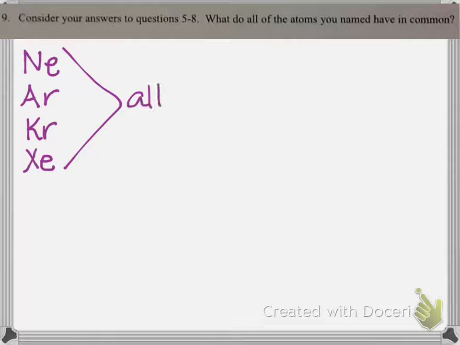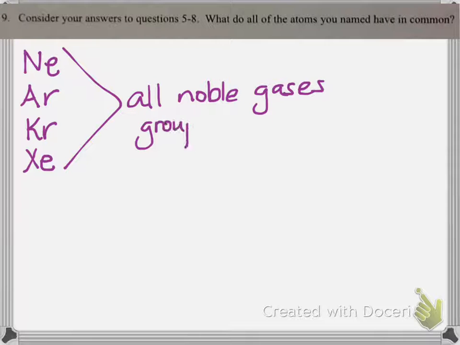They are all noble gases. They are group 18 or 8A elements. So they are all noble gases with 8 outer level electrons.